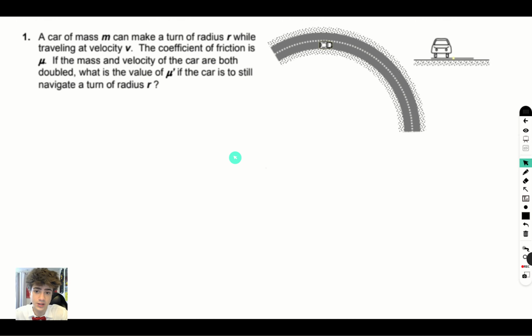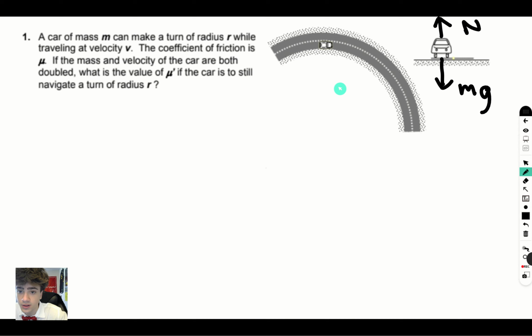So let's take a look at the forces acting on our car in both the x direction and the y direction. We know that there's going to be gravity applied to the car going straight down, equal to mg, and we are going to have a normal force exerted on the car upwards by the ground.